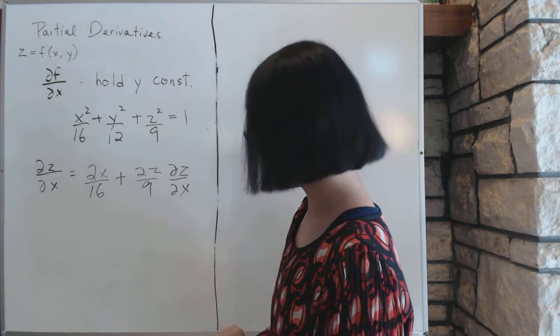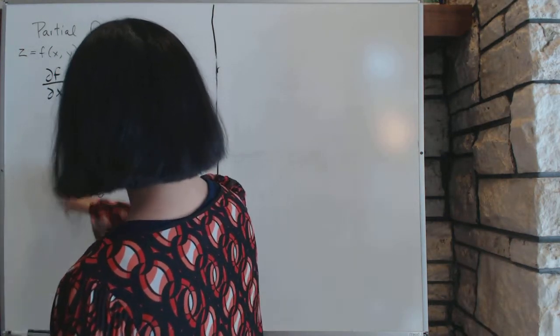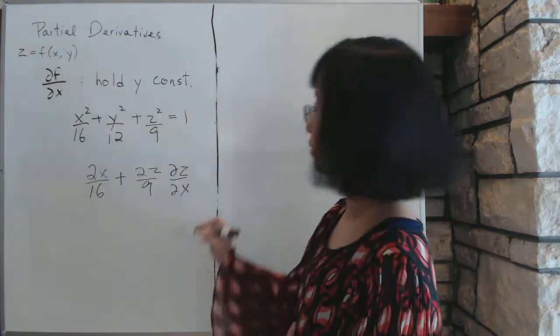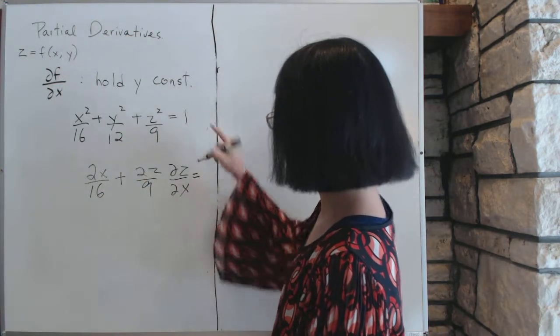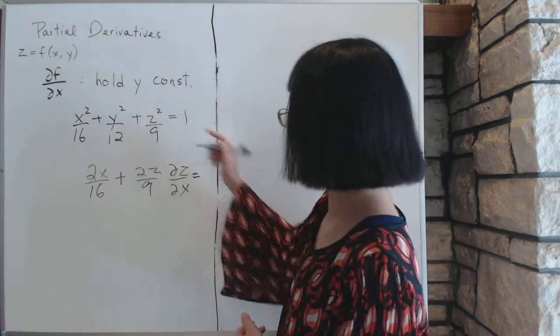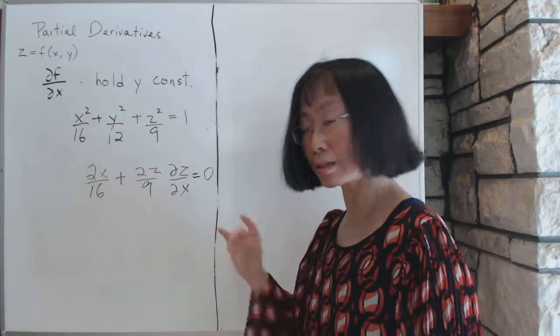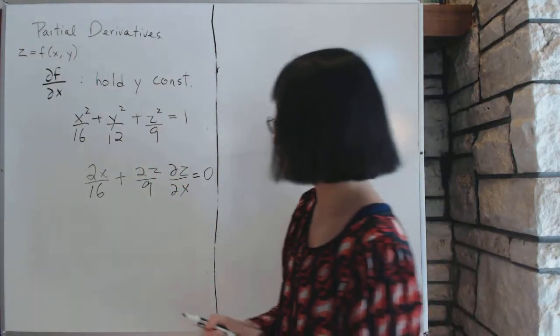This is an implicit function, so you just take everything with respect to x. The derivative of 1, being a constant, is 0. Remember, y is also considered a constant for this job.